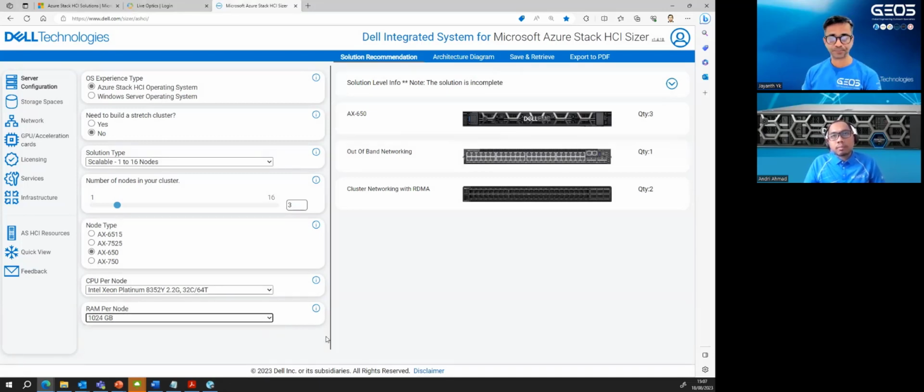And then the next one is the memory, right? So 1 TB, and usually as a best practice, it always follows the balanced memory population, right? In the case of this third generation Intel CPU, we have 16 channels, and each channel has 2 DIMM slots. So usually we populate all the DIMM slots or half of them.